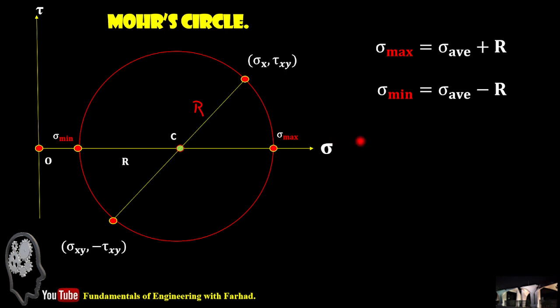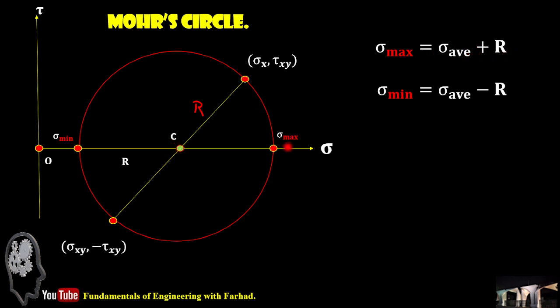If you draw the Mohr circle, the y-axis is shear stress, which is tau, and the x-axis is normal stress, which is sigma. And if you have 2 points, x and y, they translate to sigma x and tau xy, and the other point, sigma y and minus tau xy, because this is below the x-axis. And you can see the center point, sigma average, is away from the origin.